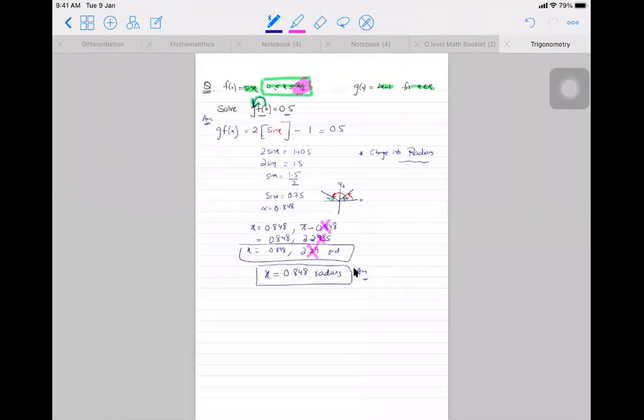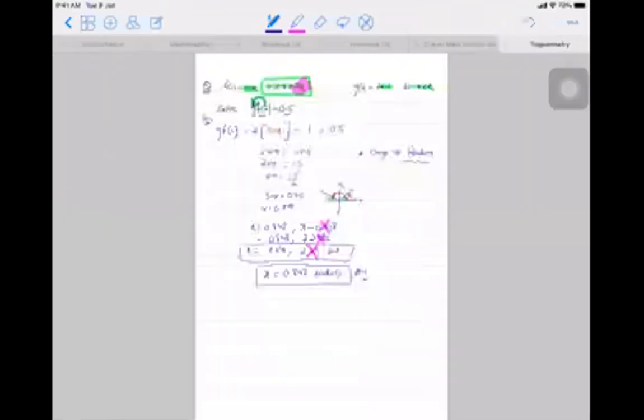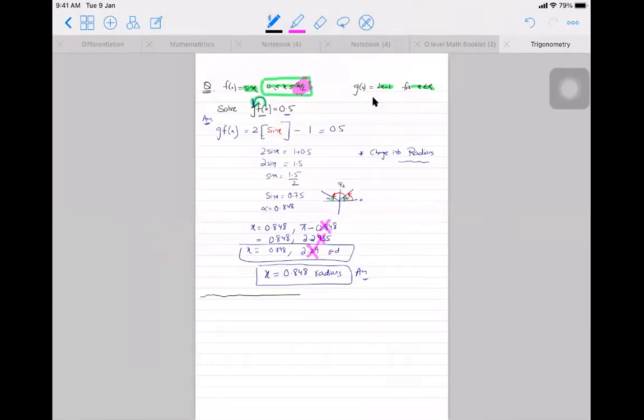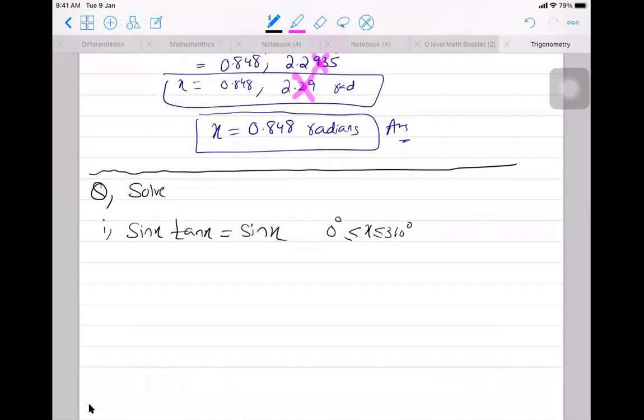Okay, now I would like you to try one of these parts. Try out this question. You need to solve sine x tan x equals sine x, for x greater than or equal to 0 degrees and less than or equal to 360 degrees. I'm going to pause over here, and I expect you to solve this.